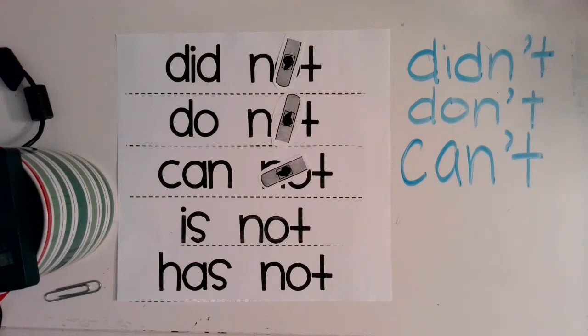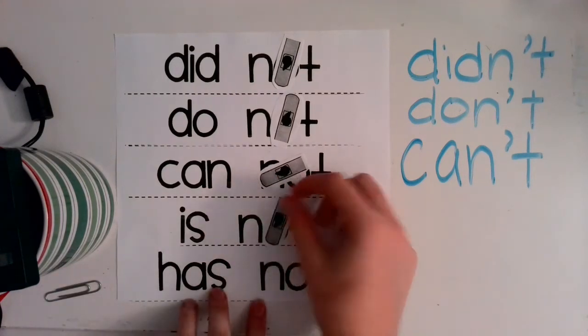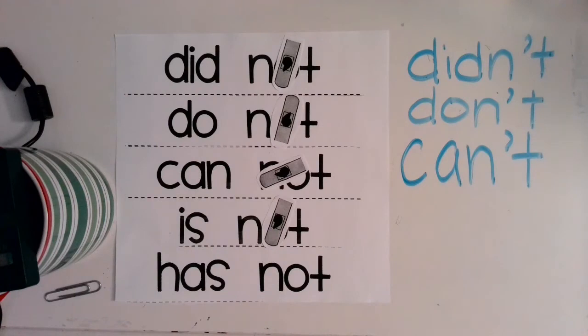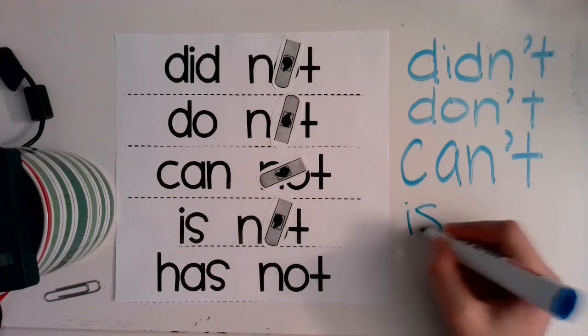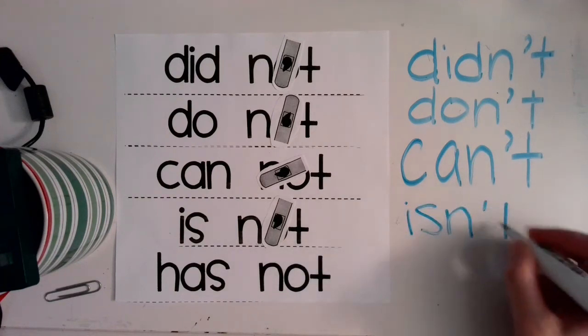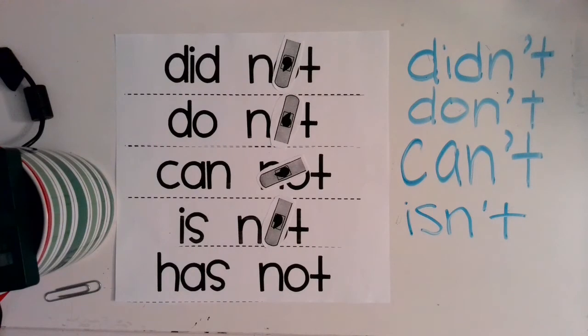If we cover up the O with a Band-Aid, is not becomes isn't. Miss Borcherding isn't going to take a cookie from the cookie jar.